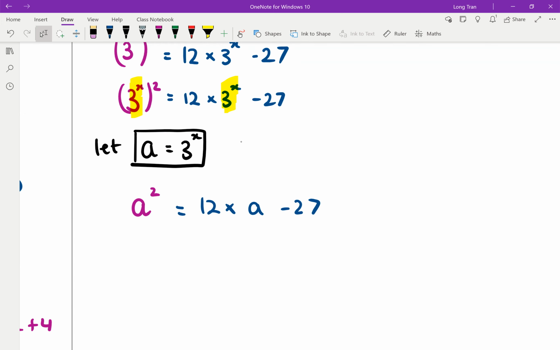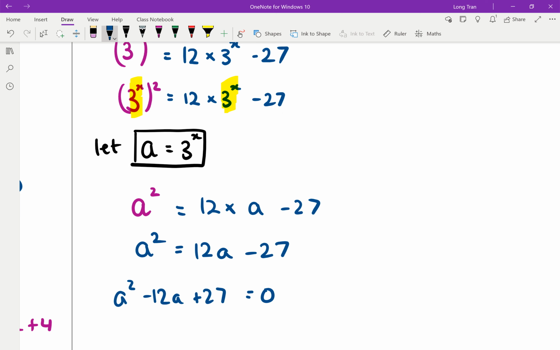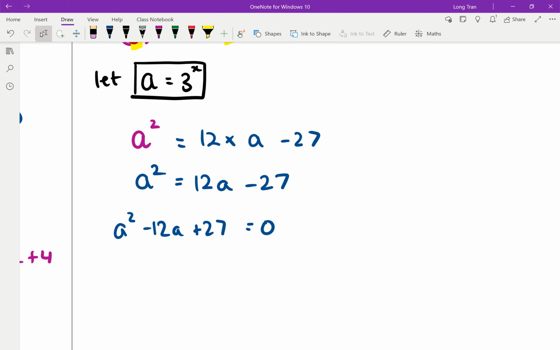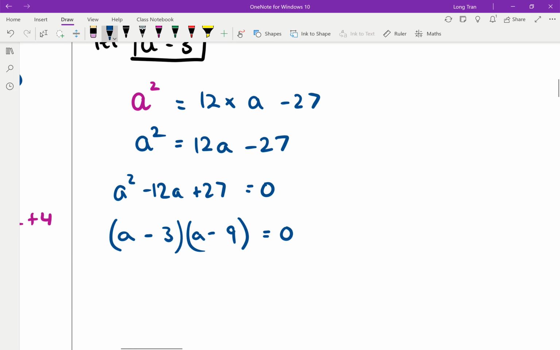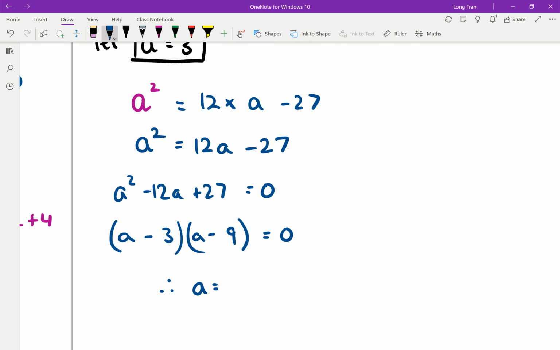So another way of looking at it is a squared equals 12a minus 27, and you can move them all to one side, so a squared minus 12a plus 27 is equal to 0. And then you can factorize using what you've learnt in quadratics, so a, and say 9 and 3, so negative 9, negative 3, and therefore a is equal to 3 or 9.